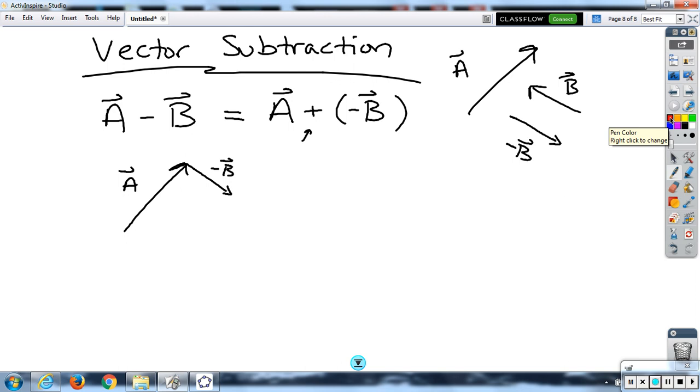It's going to have a different length, and it's going to be pointing in a different direction. And so this guy is pointing that way. So this new vector is a minus b. So we have to call it something like d. And that's how we subtract two vectors.